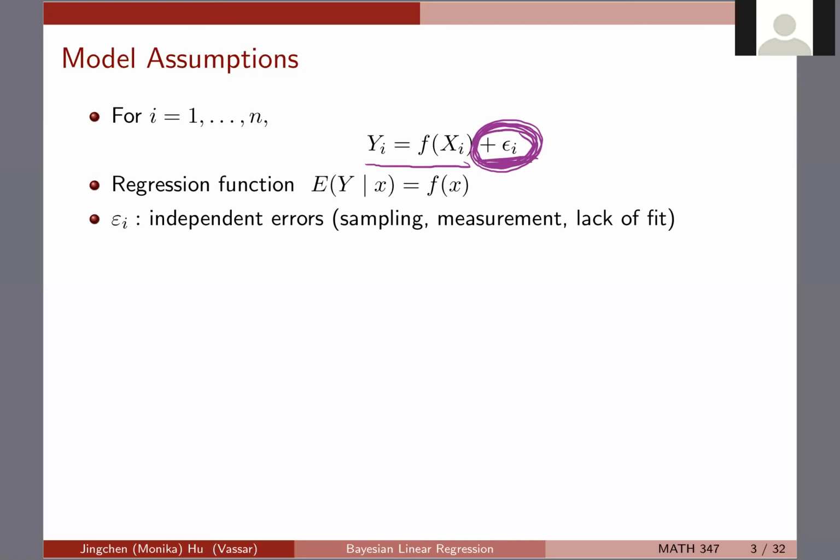All right. So the regression function, if you think about it, is the expectation. This is the model setup for any regression. And usually you will see that people assume a normal distribution for the independent errors, centered at 0 with some variance.